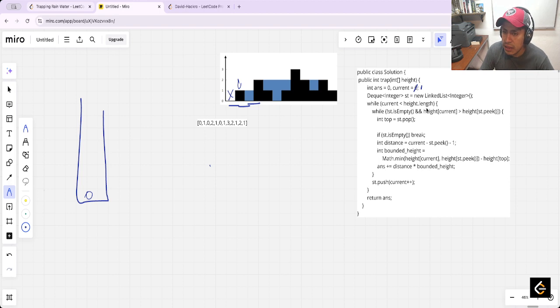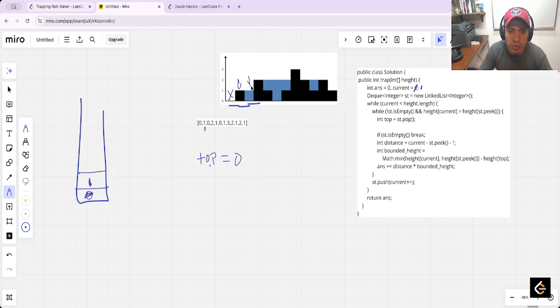Okay, and the height at the index here is greater than the previous. Yeah, in this case this is removed. Top is equal to 0 and the stack is empty. Only break this and add the current that is 1.